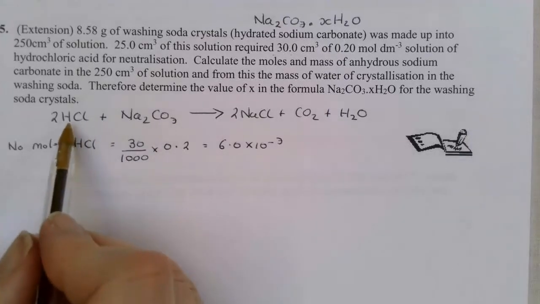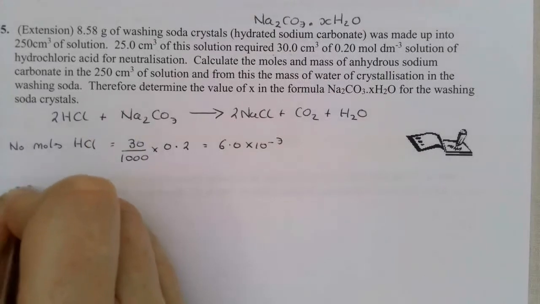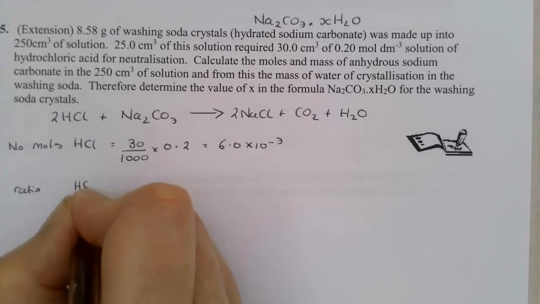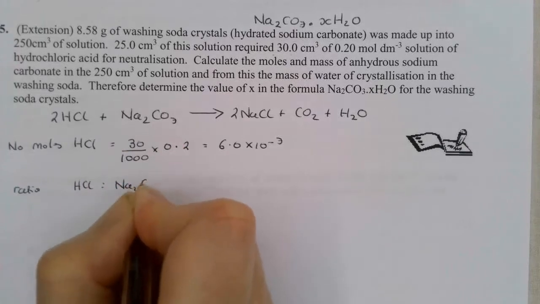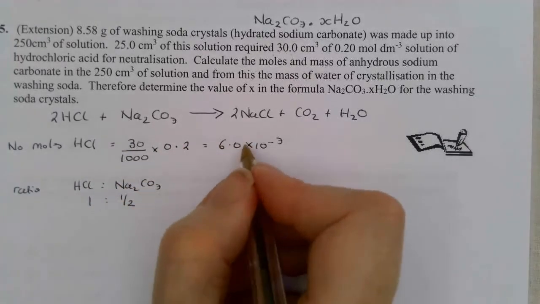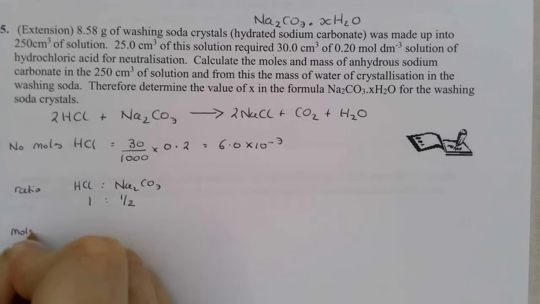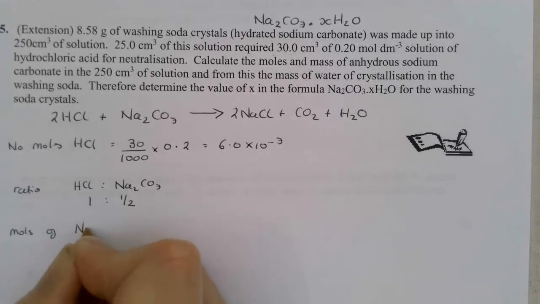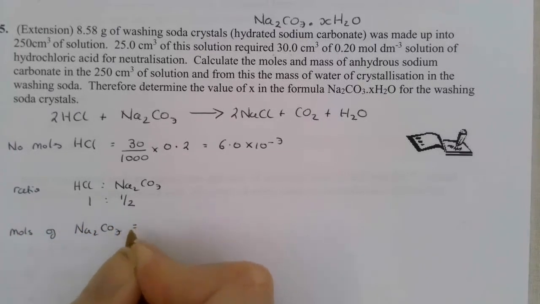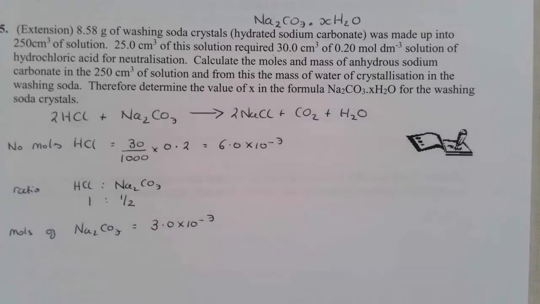The molar ratio between the HCl and the Na2CO3 is a 2 to 1, or another way of saying that is the ratio between the HCl and the Na2CO3 is 1 to a half. So I'm going to need half this amount of Na2CO3, sodium carbonate. So the moles of sodium carbonate is equal to 3.0 times 10 to the minus 3, in other words, half that amount.